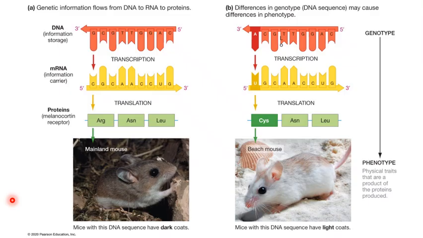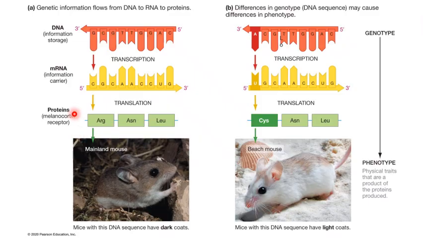The melanocortin receptor will allow pigment to build up in the fur of the mouse. And what's shown here is a little bit of the DNA of the gene for that protein, and then the mRNA that you get, and then a little bit of the protein itself. So when you're making this protein from the gene, you will take the information in the DNA, copy it into mRNA, and then the mRNA is used to build the protein.